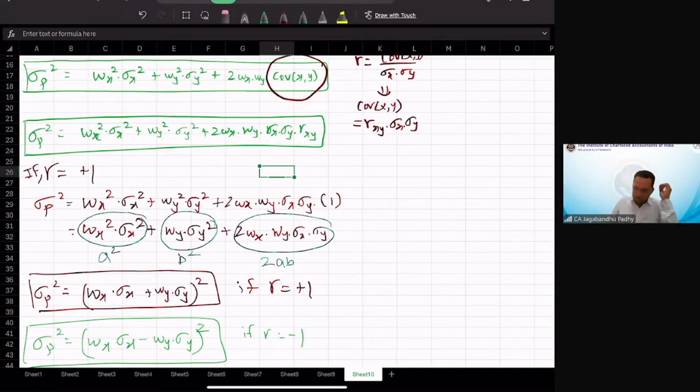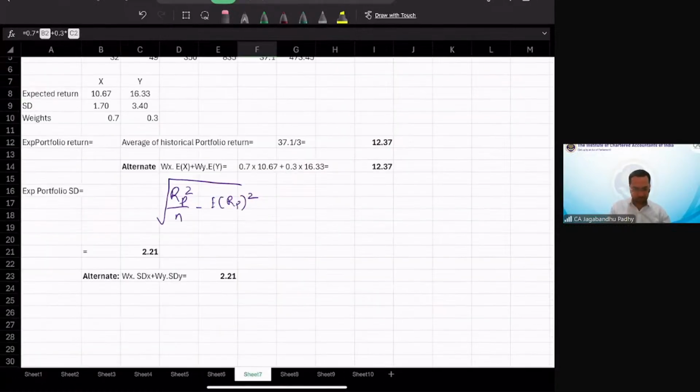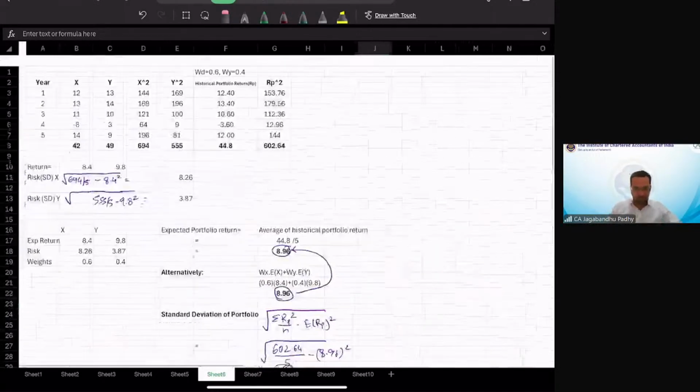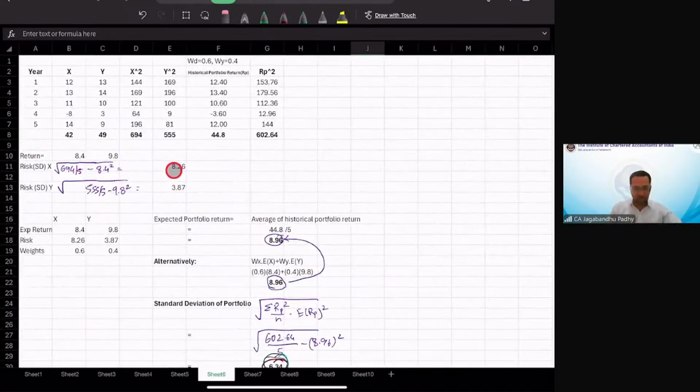Now, in the same thing, if we are understanding what is going to happen to the values, let me just create an Excel sheet just for our understanding. In this case, we had computed the standard deviation, the weightage, and the correlation.